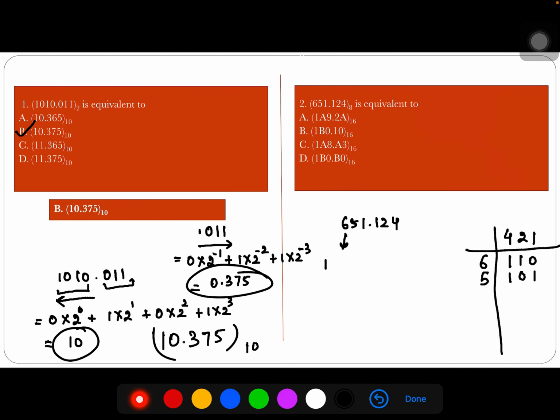So let's represent all these digits in the same manner. 1 will be represented as 001, 1 again as 001, 2 as 010 and 4 as 100. So the whole sequence on combining becomes this.